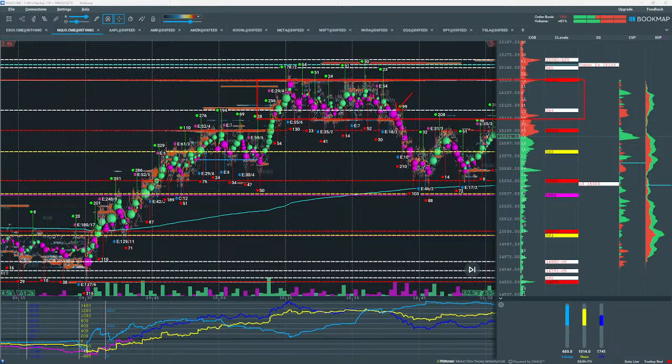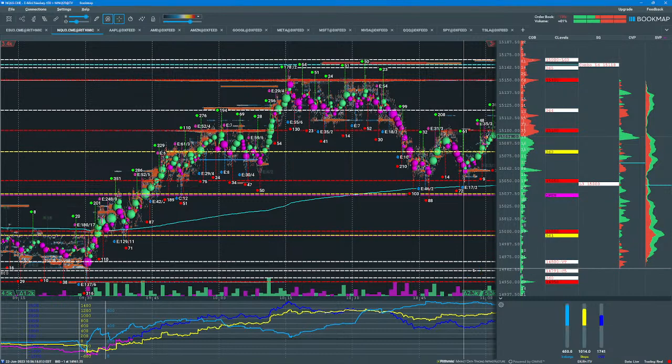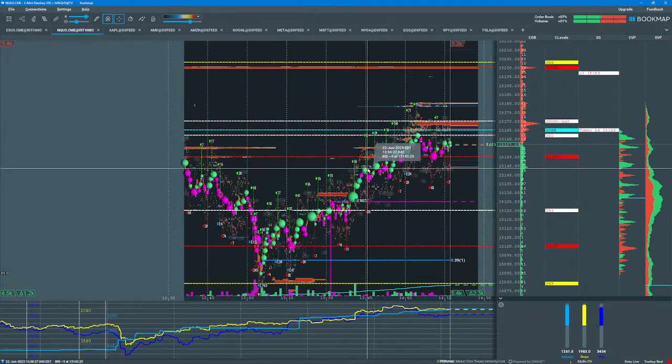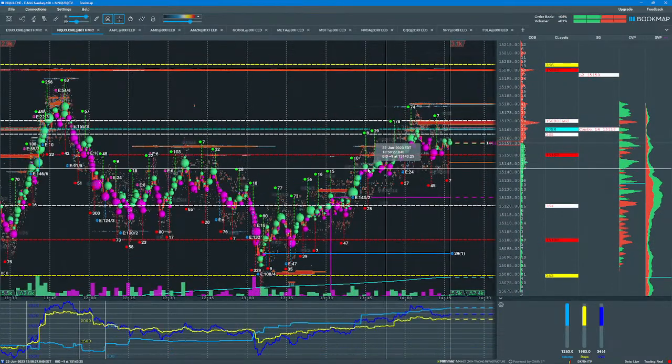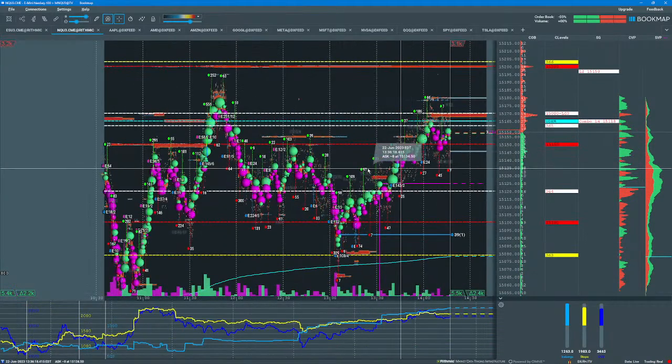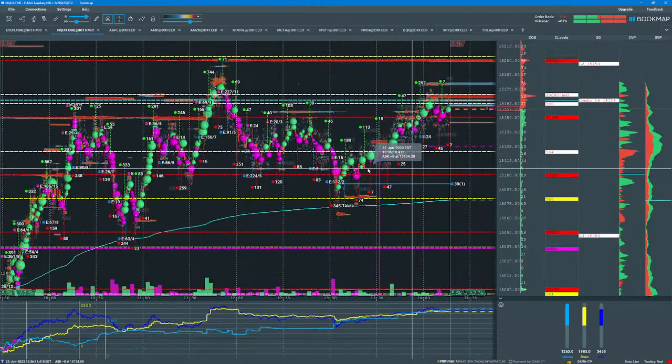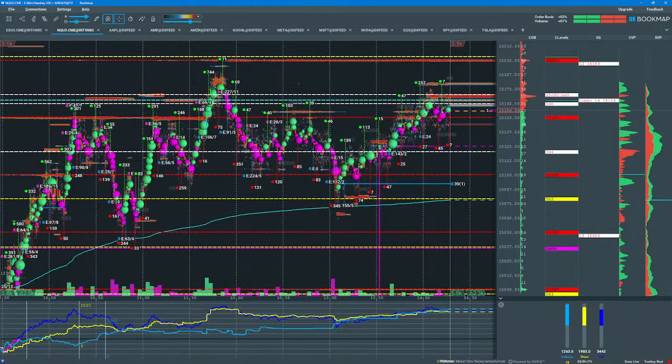But again, that was short-lived. And of course, again, with this bullish order flow, the way to trade NASDAQ was definitely long for the most part today. Let's go back and take a look at Hero.